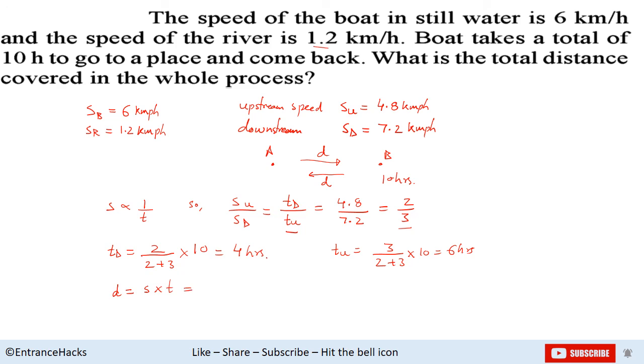So the time of downstream is 4 and the speed of downstream is 7.2, right? So that is the distance in one direction. So the total distance will be twice of this, so it will be 57.6 kilometers. So in this process, the total distance traveled is 57.6 kilometers.